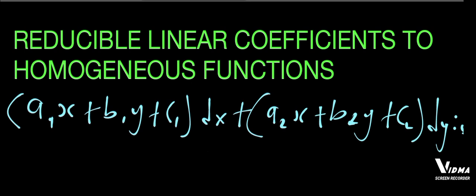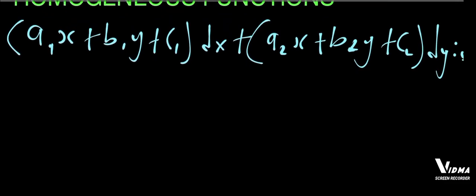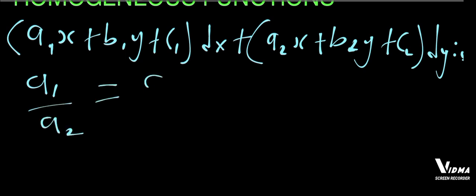In our previous lesson, we looked at how to reduce our linear coefficients into homogeneous functions. So that was the first case. And we are going to look at the second case where a1 over a2 is equal to b1 over b2.